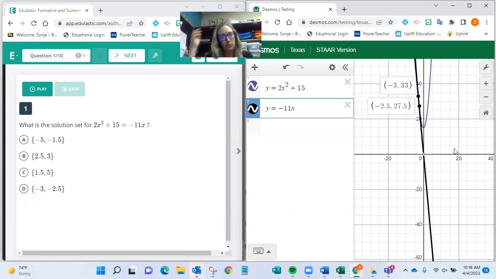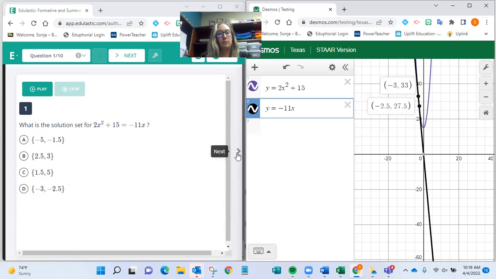So I want to have both negative 3 and negative 2 as my answers. So I would have D, has both the negative 3 and the negative 2. And luckily Desmos kind of gravitates towards those intersection points.